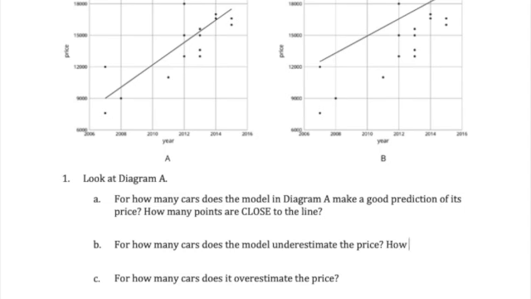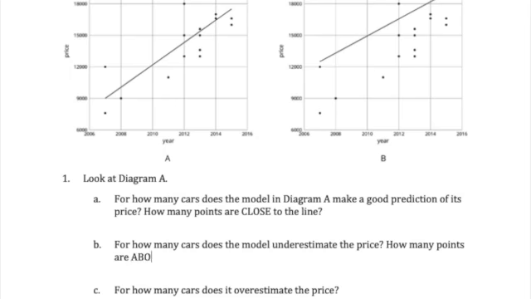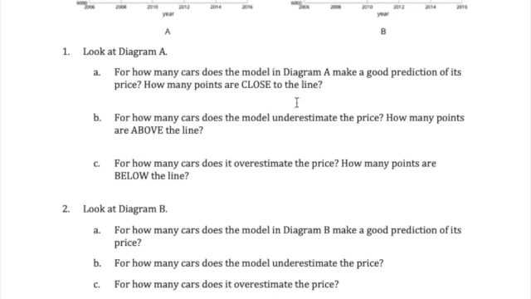If my model underestimated, that means points are above the line. So how many points are above the line? And if the model overestimates, that means the line is above the points. So we're going to look at how many points are below the line. And we're going to do the exact same thing for diagram B.